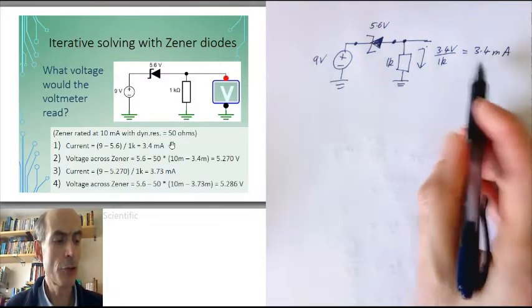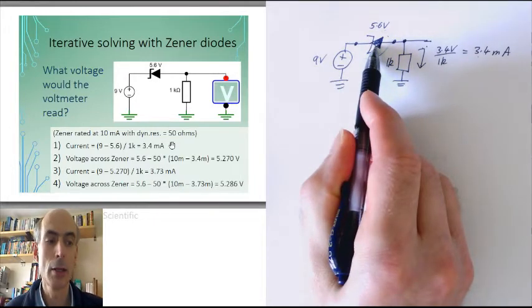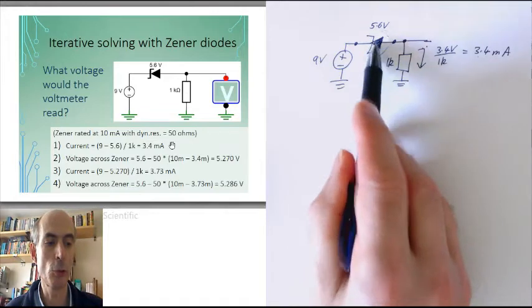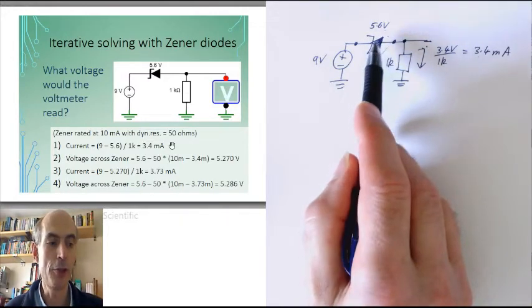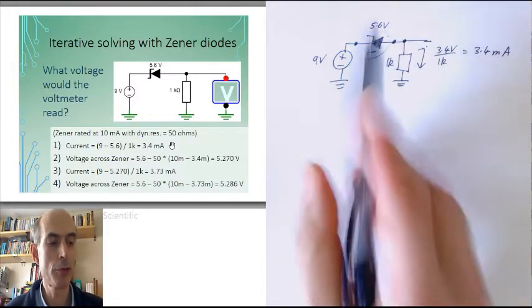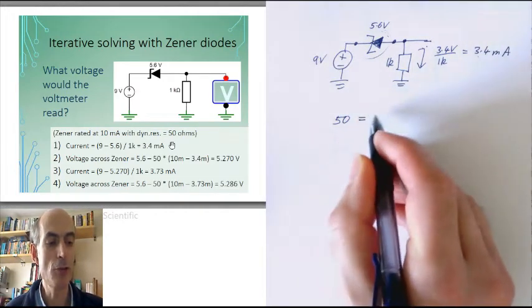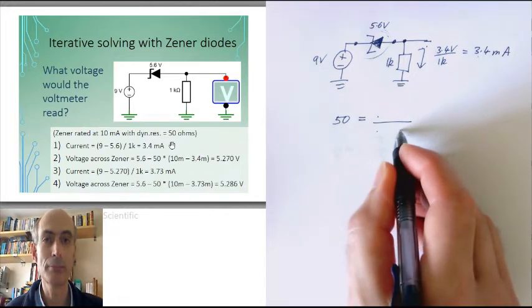Now, we've determined the current through our Zener diode. So this is the current that we use to get our next estimate of the voltage across the Zener diode. What we know about the Zener diode is that its dynamic resistance is 50 ohms. And the dynamic resistance is the change in voltage divided by the corresponding change in current.